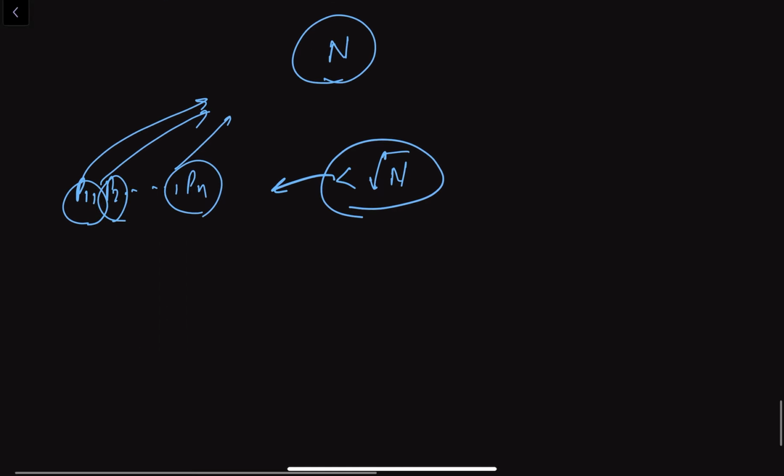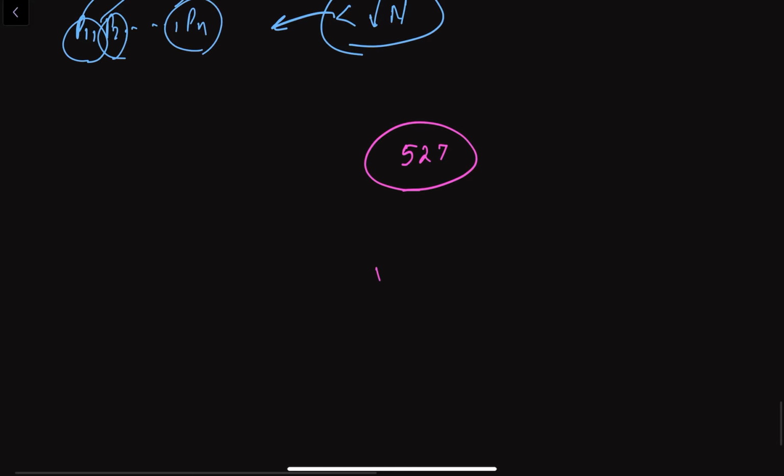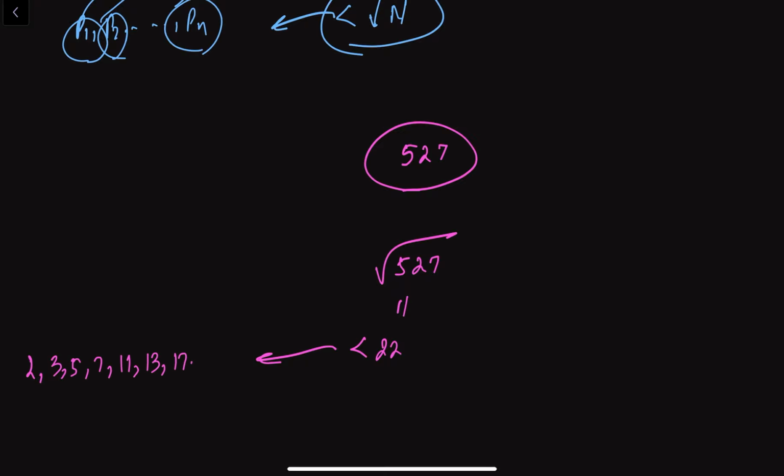For example, take 527. It may seem like a prime number, but its square root is around 22 point something. The primes less than that are 2, 3, 5, 7, 11, 13, 17, 19.